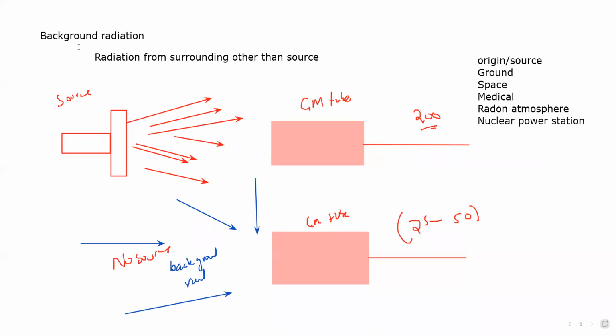If I want the radiation from the source, that is the reading with source minus the reading without source. The reading of the detector, basically.